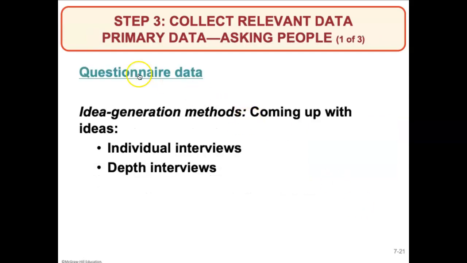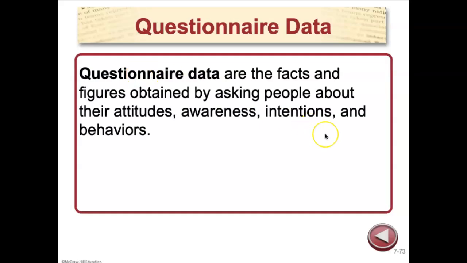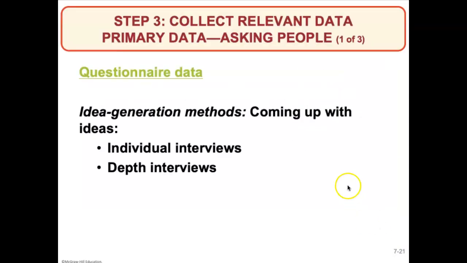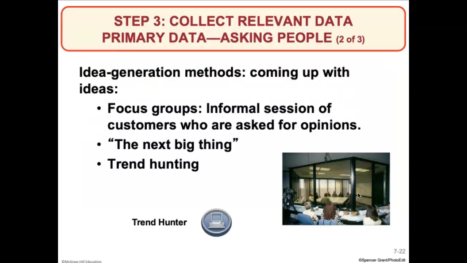There's also questionnaire data in terms of primary data. These are facts and figures obtained by asking people about their attitudes, awareness, intentions, and behaviors. Idea generation methods also include coming up with ideas and holding focus groups, which are formal sessions of customers who are asked for opinions.